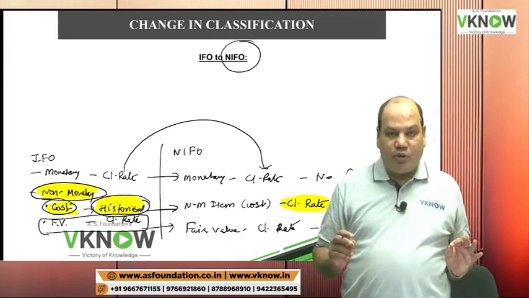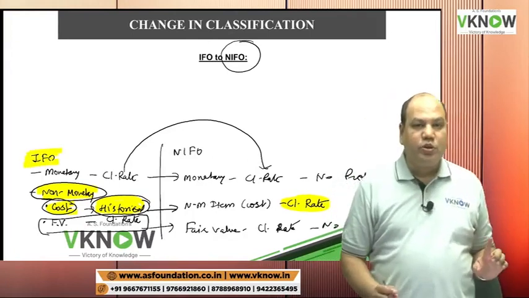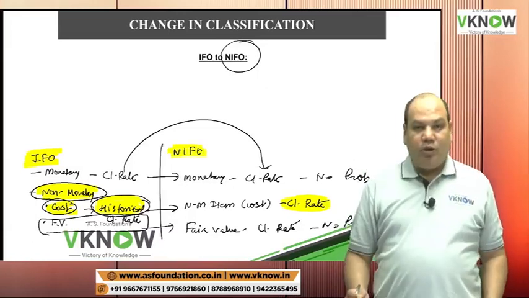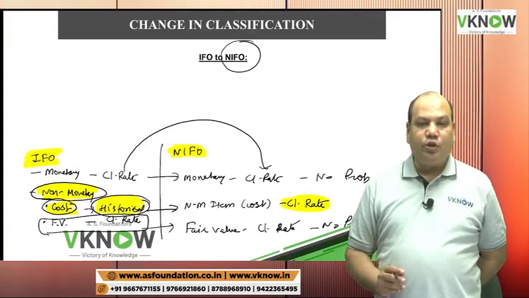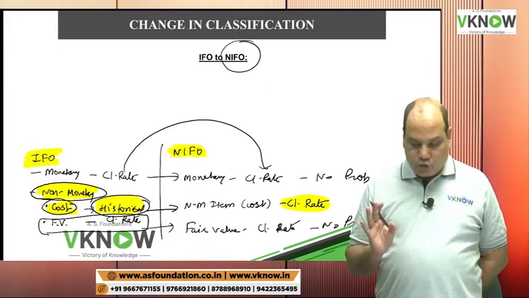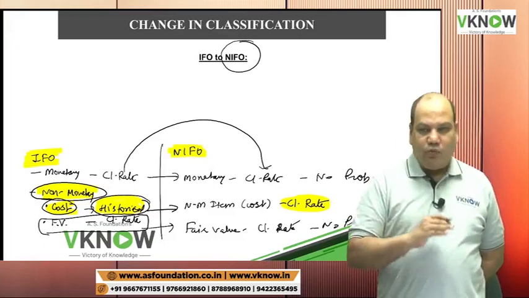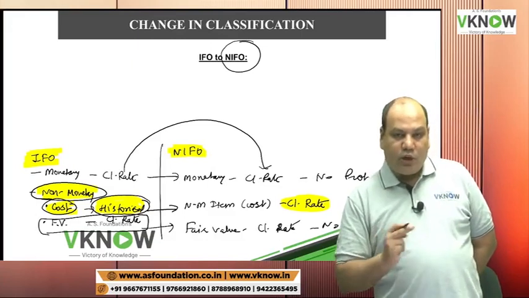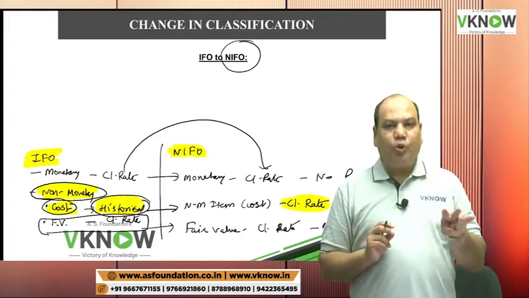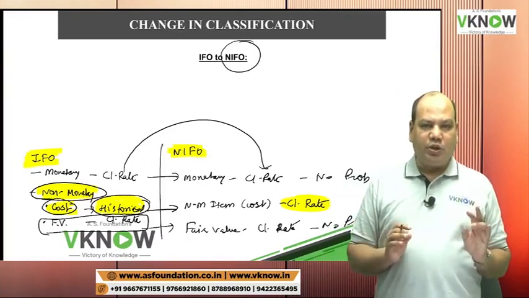And second point, earlier when it was an integral operation, the difference was transferred to the P&L account. Now it has become non-integral, so the difference will be transferred to FCTR. Is it right? If the student can understand what was done earlier and what has to be done now, then he will understand the accounting treatment also. So there are two important differences between integral and non-integral operation accounting.